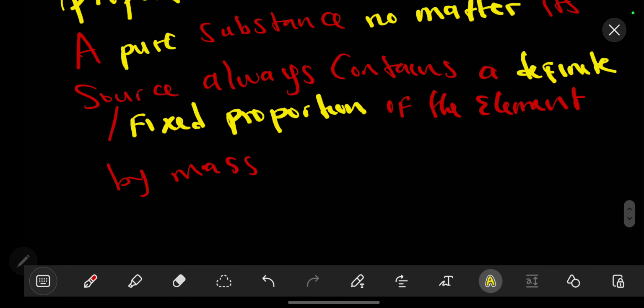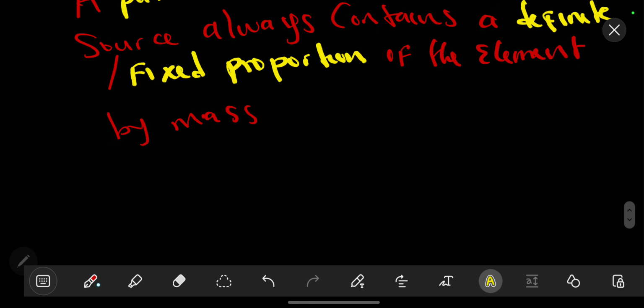What we simply mean by this is that if you're looking at water, which is H2O, 2 parts will be hydrogen. So in water, we shall always have hydrogen in 2 parts, no matter its source, as long as you are looking at a pure substance, then it shall have a fixed proportion by mass.